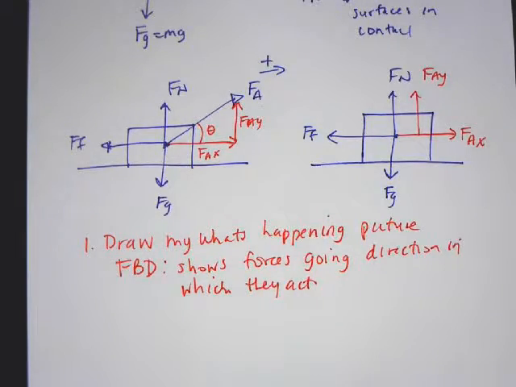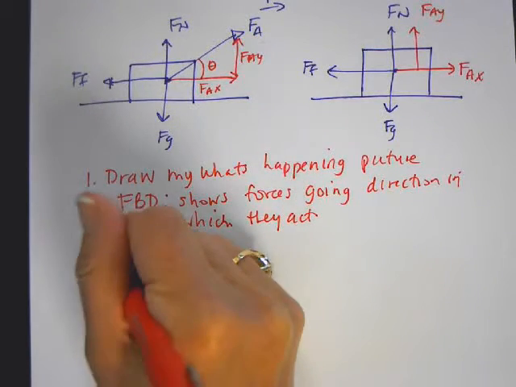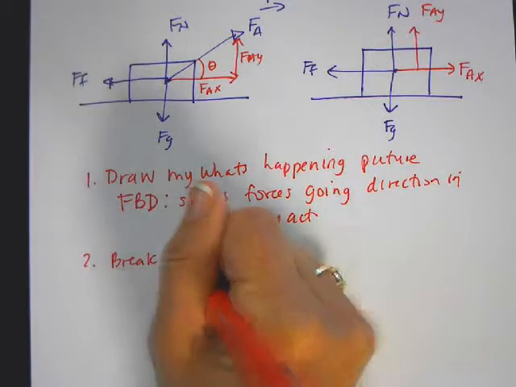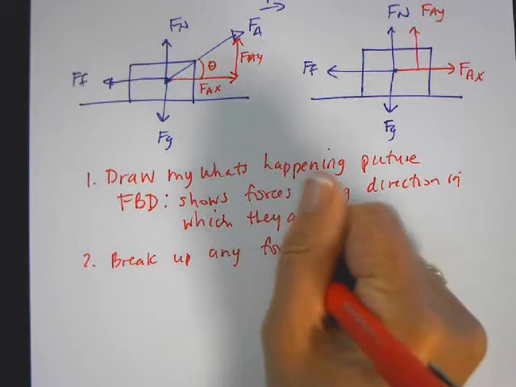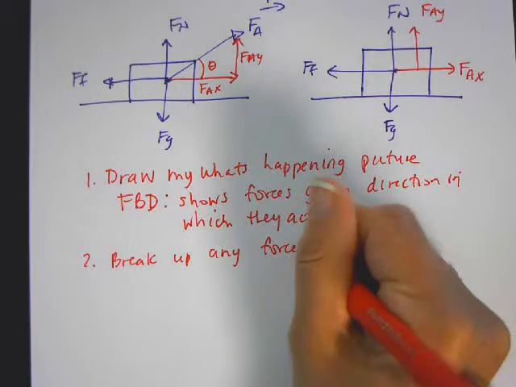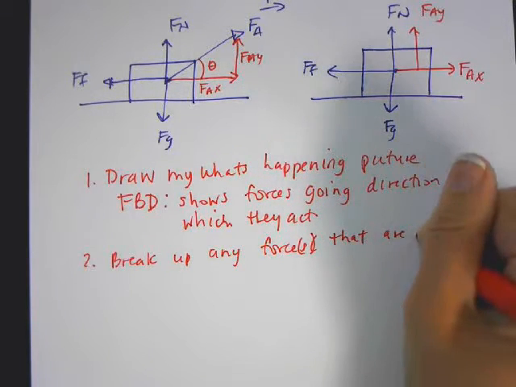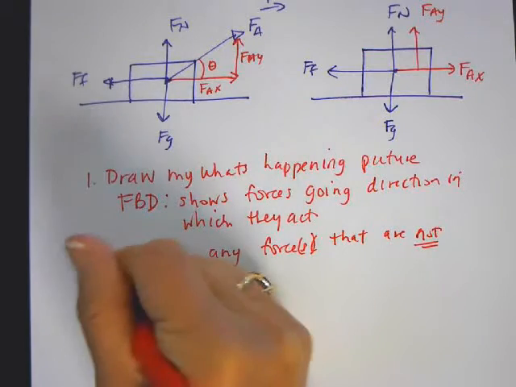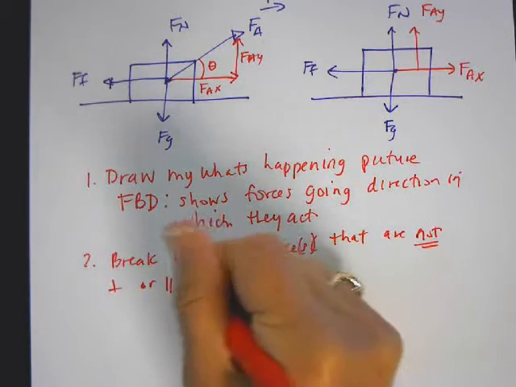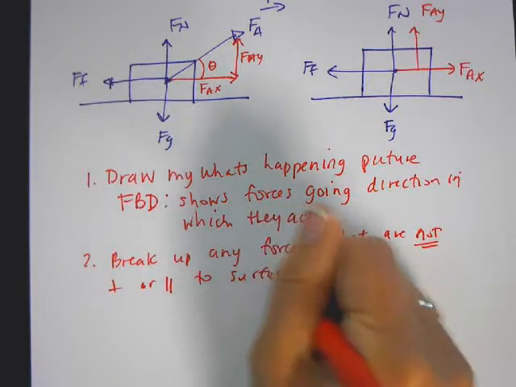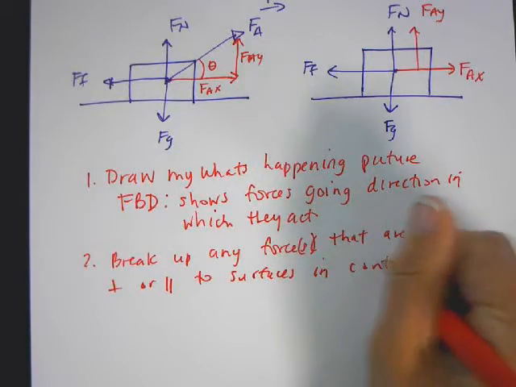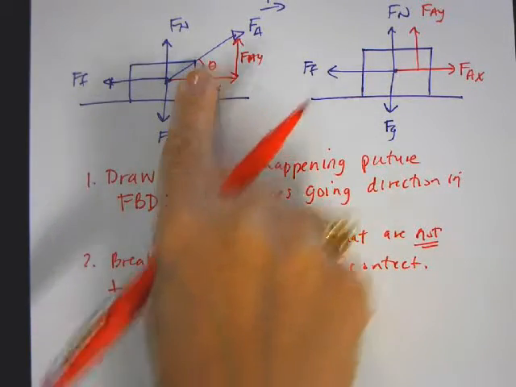Okay, the next step is I'm going to break up any force or forces that are not perpendicular or parallel to the surfaces in contact. So what I mean is this one doesn't go perpendicular.